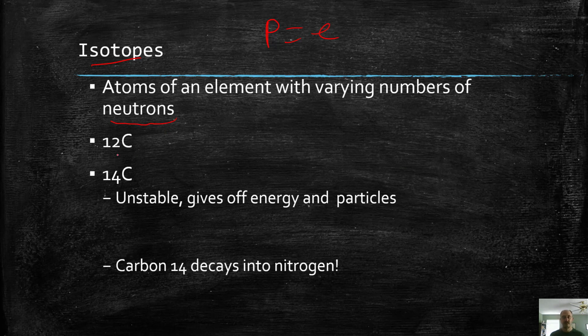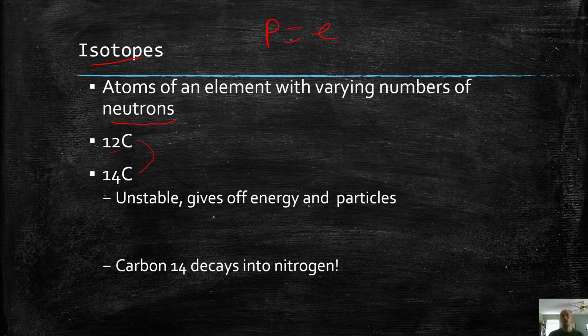For example, we can have carbon-12, the typical carbon, the most abundant carbon, and we can have carbon-14, which has an extra couple of neutrons. And so that's why the atomic mass of carbon on the periodic table is 12 point something something, because they average the two together in terms of how abundant they are in the environment, essentially.